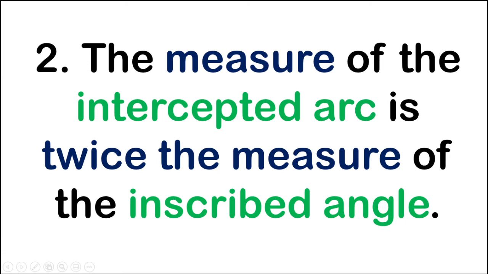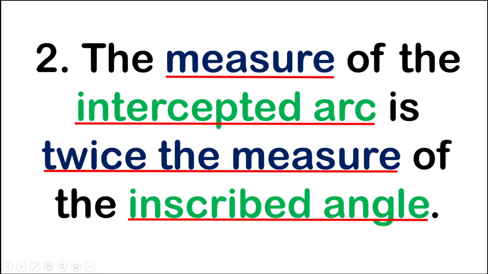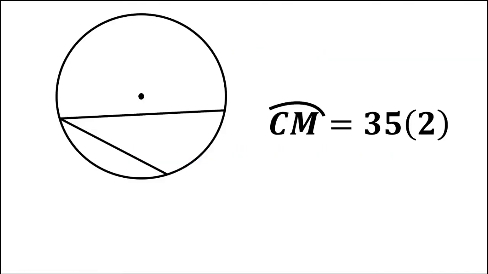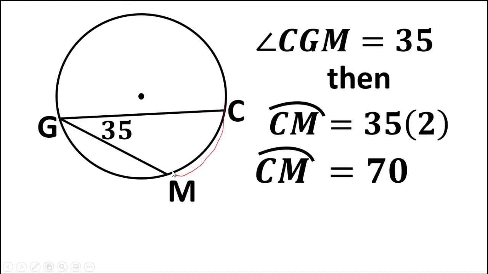Number 2, the measure of the intercepted arc is twice the measure of the inscribed angle. Opposite lang siya nung theorem 1 natin. Say, if we have angle CGM, and angle CGM is 35 degrees, therefore, the measurement of CM is 35 times 2, which is 70.